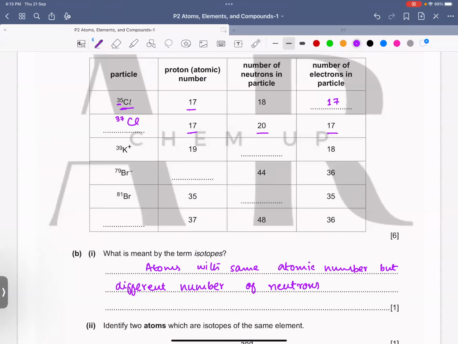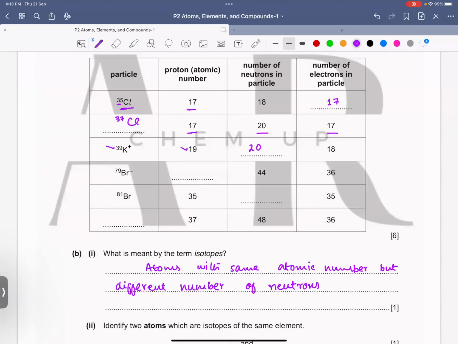So what is the nucleon number? 39? Yeah, and the number of neutrons is 20. Good. So 39 minus 19 is 20.